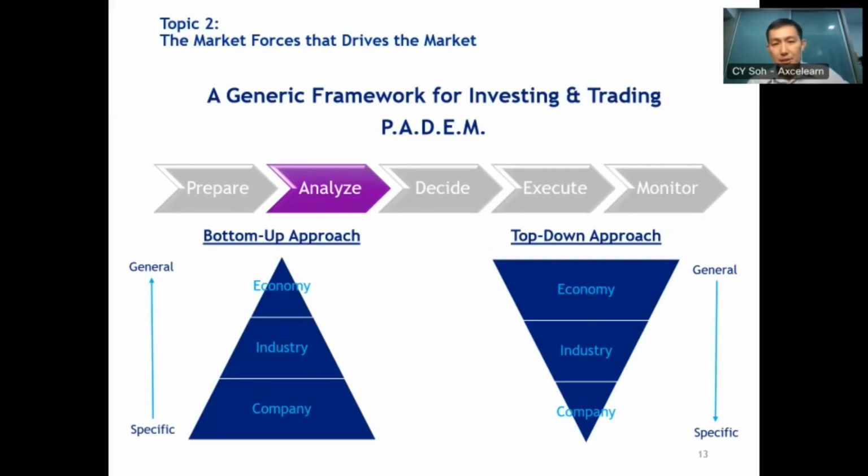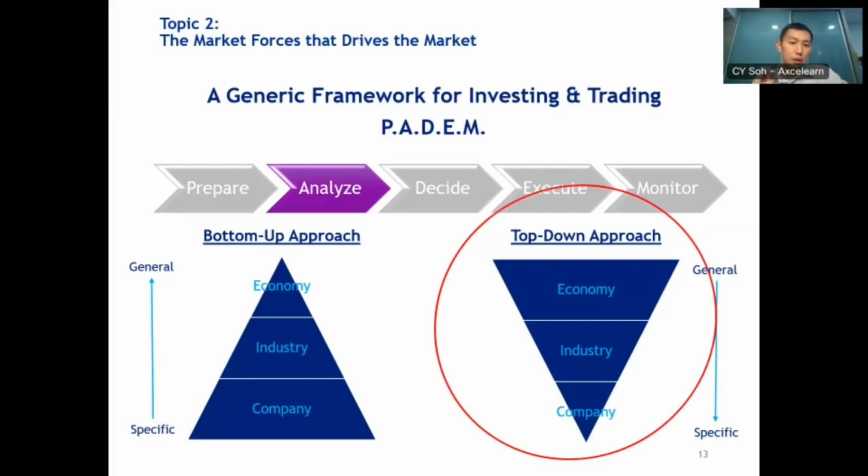As I've mentioned earlier, trading futures uses more of the top-down approach, because trading FKLI or FCPO is generally looking at the bigger picture. It is looking at the macro perspective of the economy. Unless you are trading single stock futures, then you only need to look at the individual stock you trade.